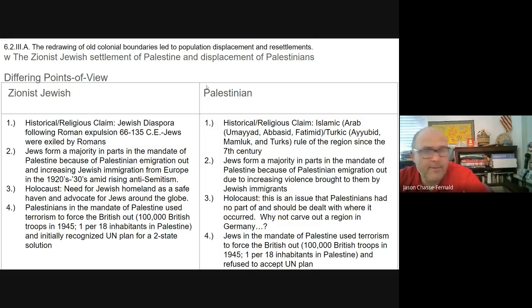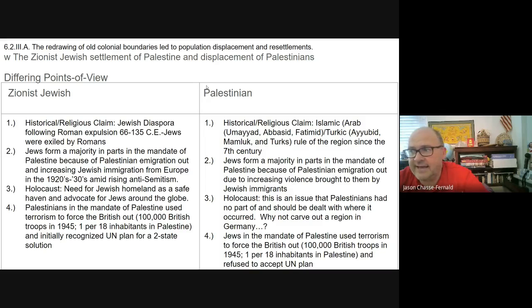From the Palestinian side, using the same category of analysis, historical religious claim, they will often say that there's been an Islamic presence or an Arab presence since the 630s.